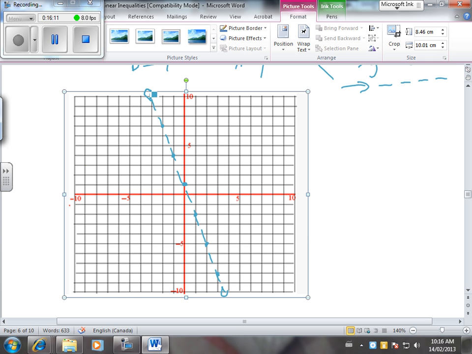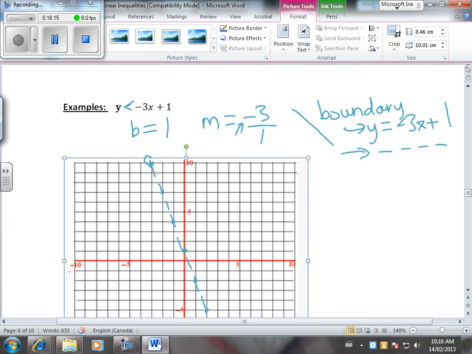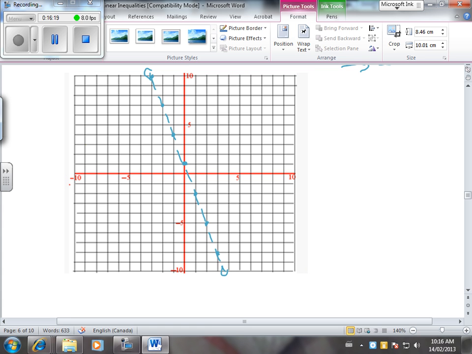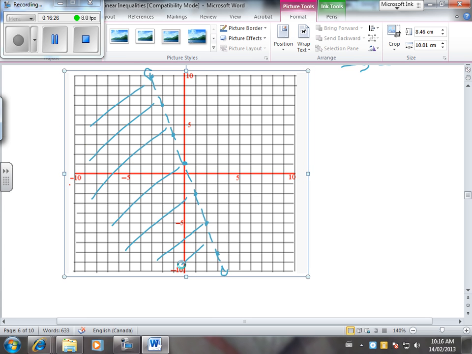So if we look again at the inequality, it's less than, which means we're going to shade below the line. So in this case, because it's a negative slope, below the line is over here. Again, we're given no restrictions, so we are assuming that x is all real numbers and y is all real numbers.